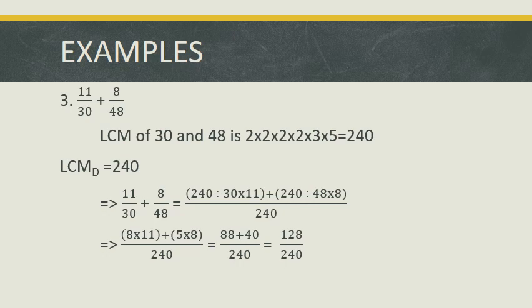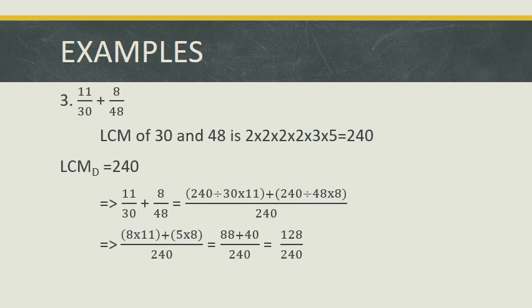So in the second step, you can see that inside the second bracket we have 5 multiplied by 8 upon 240, which is the LCM of the two denominators. Now 8 multiplied by 11 is equal to 88 and 5 multiplied by 8 is equal to 40. So 88 plus 40 upon 240, which is equal to 128 upon 240.